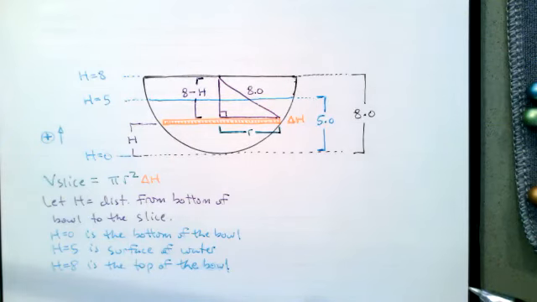Because if the distance from the bottom of the bowl to the slice is H, and the distance from the top of the bowl to the slice is the leg that we're interested in, and the distance from the top to the bottom of the bowl is 8, then the leg we're interested in is 8 minus H. And now I'm extra regretting making the radius of the bowl 8 and using H as the variable.